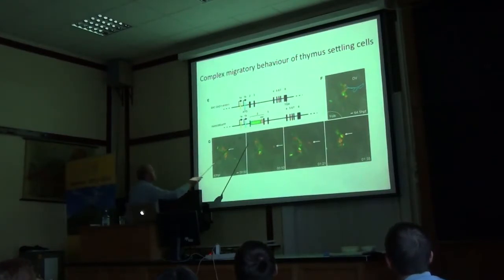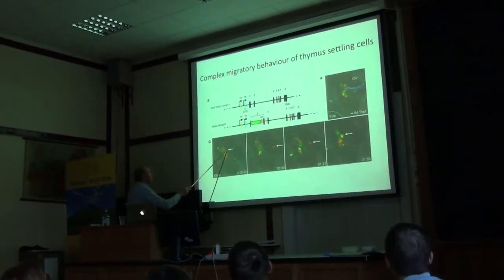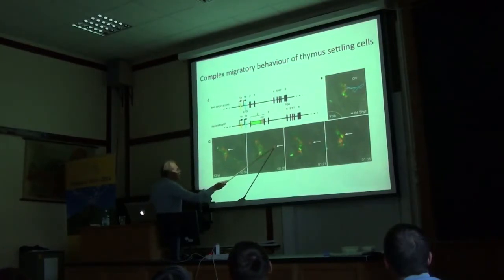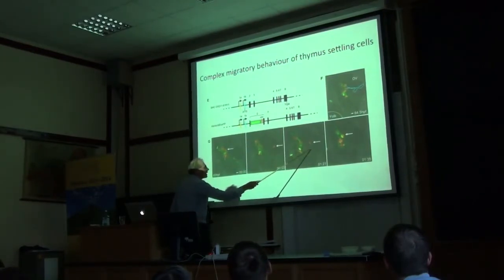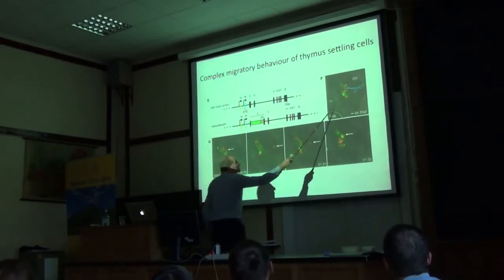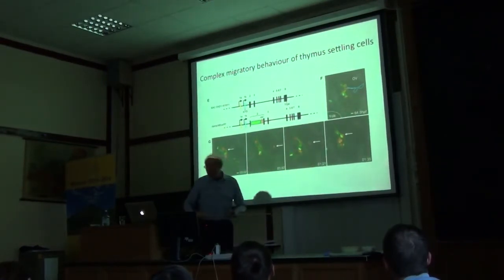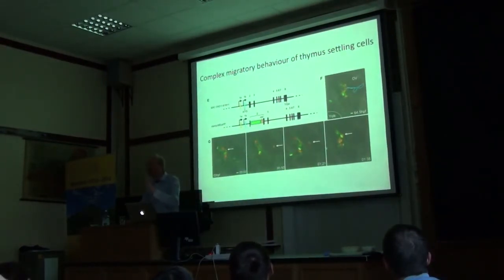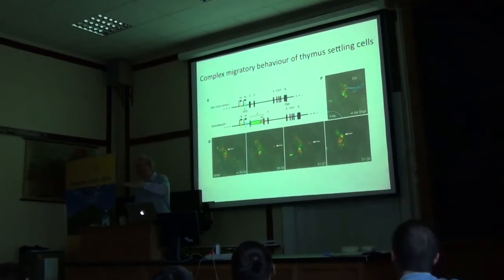This is such an experiment. This is a fluorescent protein that can be turned from green to orange. Now here's a cell that was turned red, and this cell migrates out of the thymus and comes back again. This is the trajectory. Because these cells are momentarily disoriented when they are finally saturated with chemokine and it's all internalized, and then they can go away again.